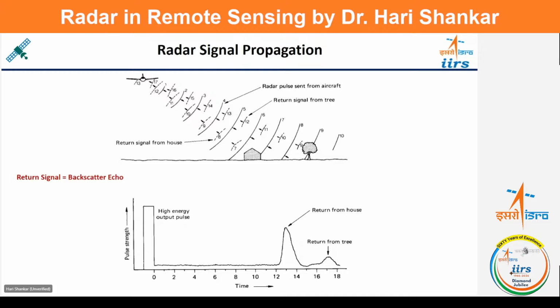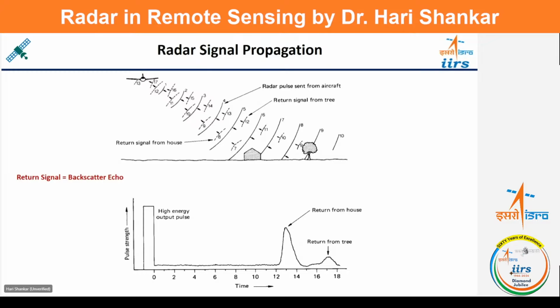Okay, so another parameter is surface roughness. Suppose the surface is smooth, or very rough. From a smooth surface, specular reflection happens, and then the backscatter amount is very weak. So that may be one of the reasons.